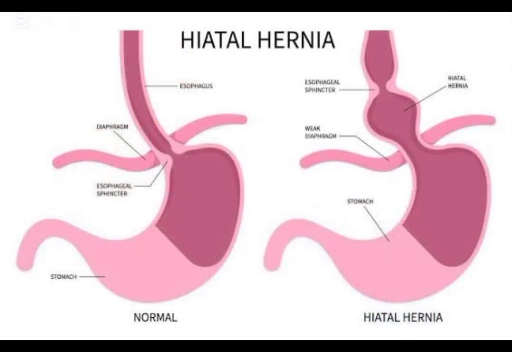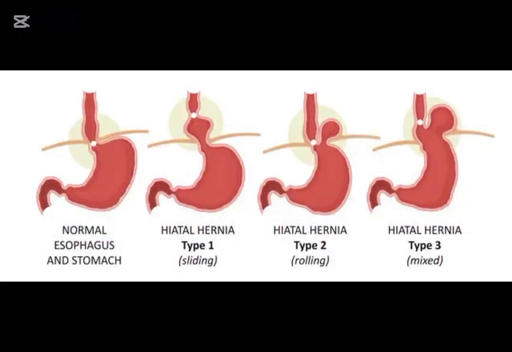Now, a quick note on hiatus hernia. It can cause reflux, dysphagia, or chest pain. Rolling, which means paraesophageal hernias, always need surgery because they risk strangulation and perforation. Small sliding hernias, on the other hand, can be managed conservatively.